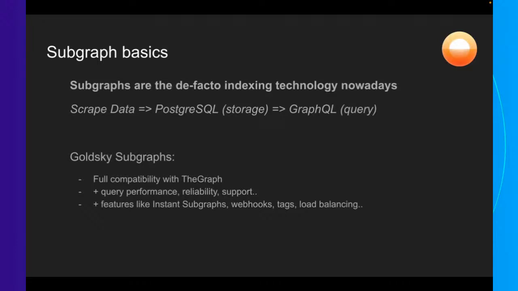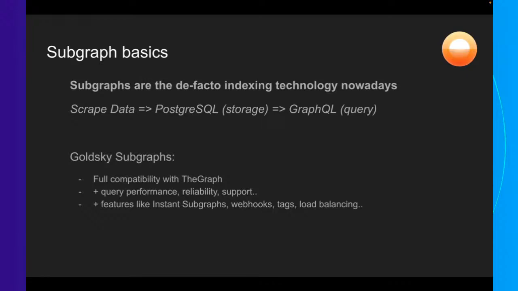The reality is that this subgraph technology was developed by The Graph, which made it open source. And in our case, at Goldsky, we have taken this technology, made it fully compatible, but at the same time, we've improved it in several ways, right? Be it in query performance, reliability, SLA support, etc. As well as we've added features on top of it, like what we call instant subgraphs, webhooks, tags.